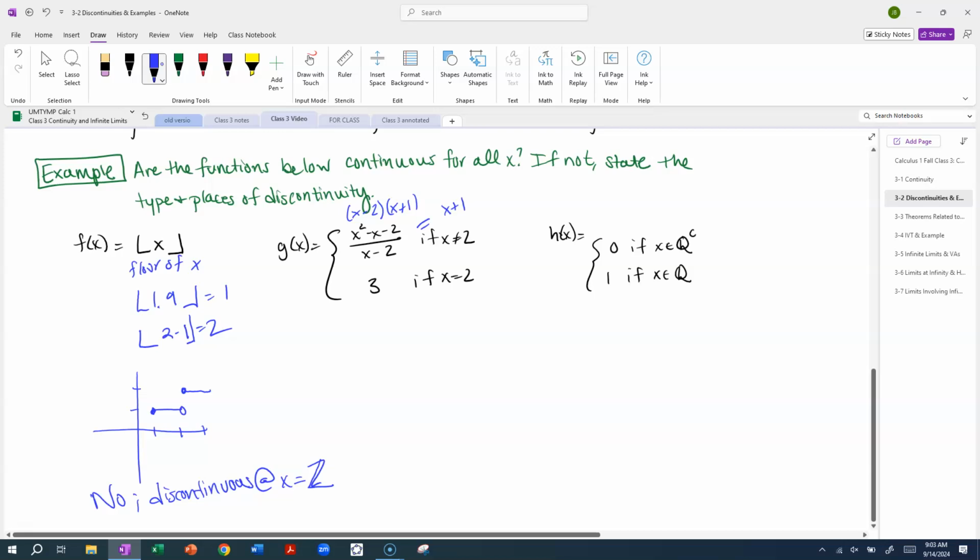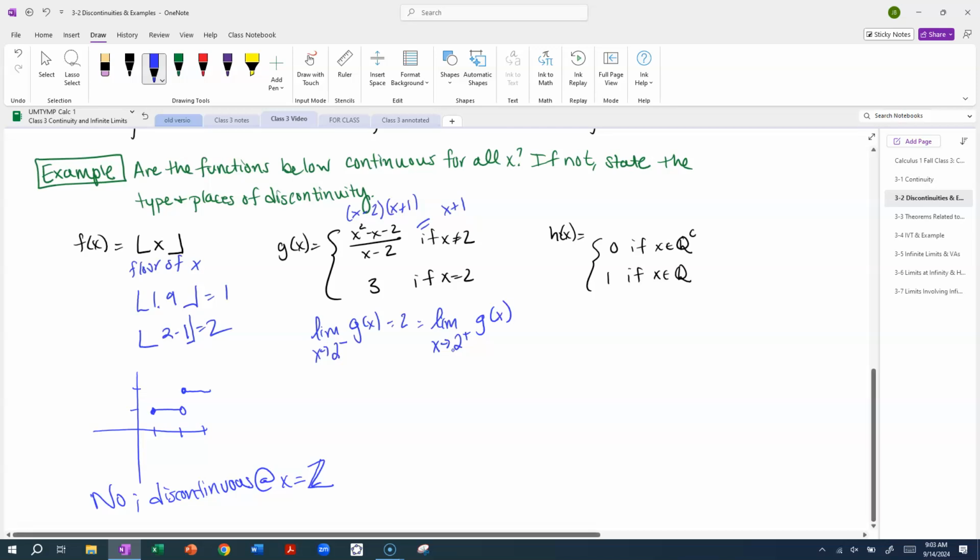So now if I look at the limit as x approaches 2 from the left of g of x, I'd have to use the first branch, so that would be still just 2, and then this actually ends up being the same as the limit as x approaches 2 from the right of g of x.